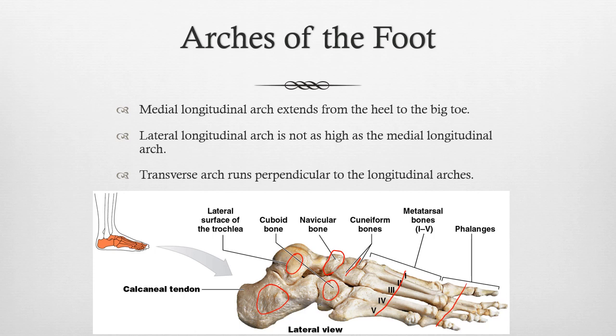Those bones are held up on the side by arches, and so we have a medial and a lateral longitudinal arch. Those run along the length of the foot, and then there's a transverse arch that comes across like so as well.